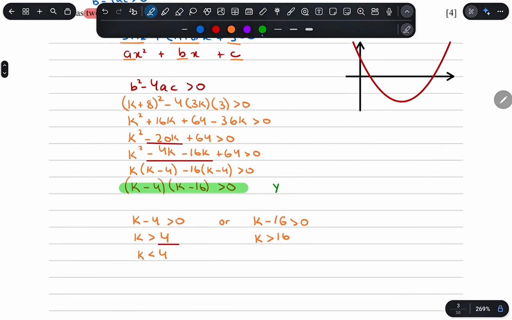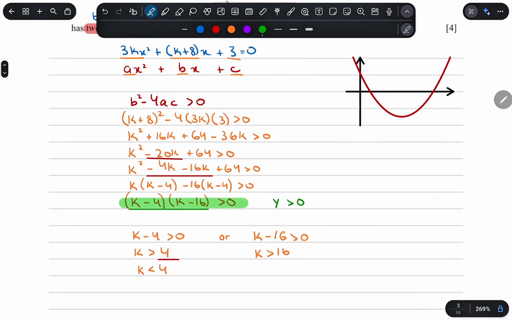So if we treat the entire equation as y, we need to look above the x-axis where y equals 0. We have to look for the part where y is greater than 0, so everything above the x-axis. The intersection points are basically 4 and 16.